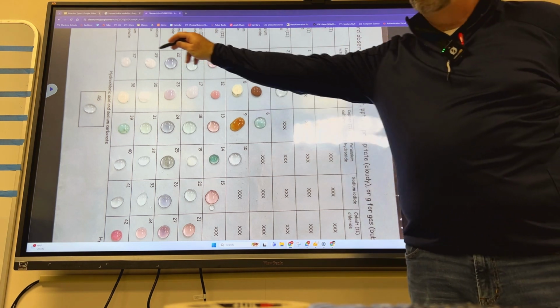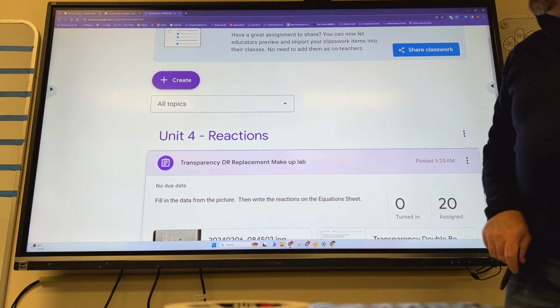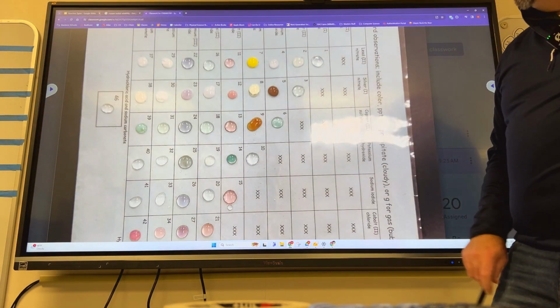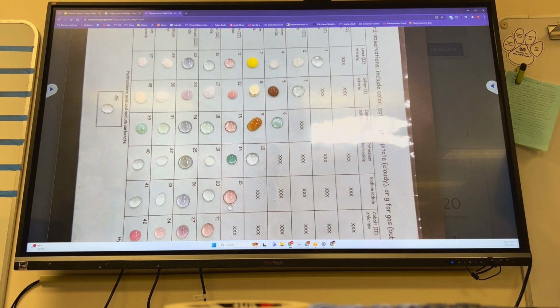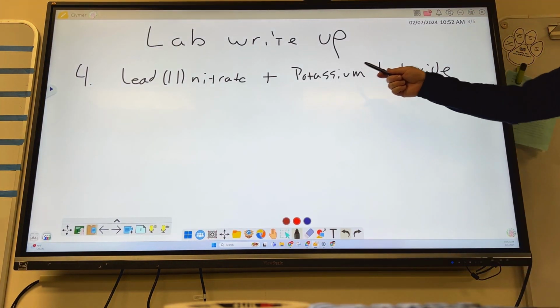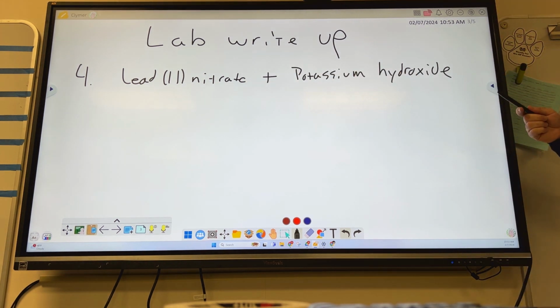You did lead nitrate up and down here. So in this box, you had a mix of those two things. So if we were to write this down, this is what happened in that box, correct? So that's where you're going to start on all these lab write-ups to do these double replacement reactions, right?